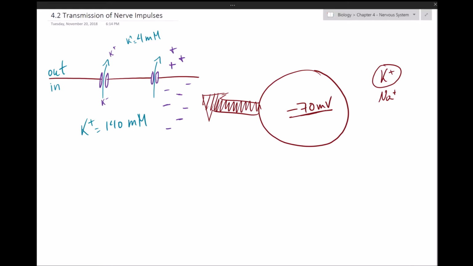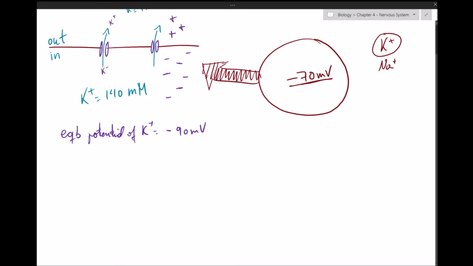The potential difference that represents this potassium equilibrium is called the equilibrium potential of potassium. And its potential is about negative 90 millivolts. The negative sign is due to convention, but it is also because the positive potassium ion is leaving the cell.